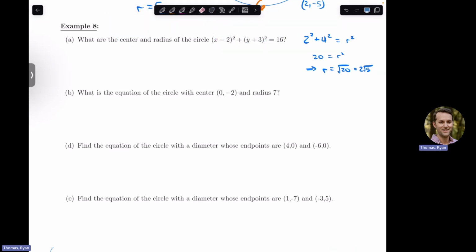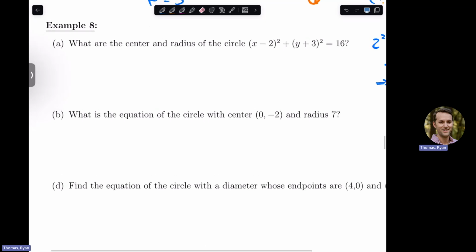Okay. What's the center and the radius of this circle in part A? The center is 2, -3, and the radius is the square root of 16, so 4. What's the equation of the circle that has center 0, -2?